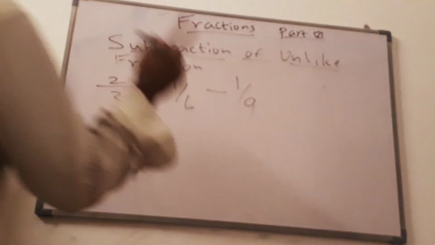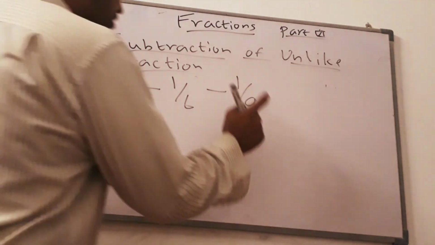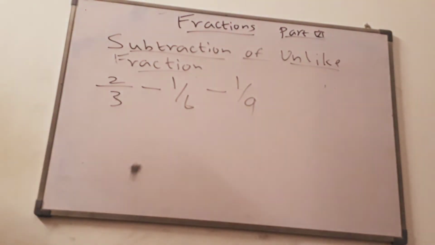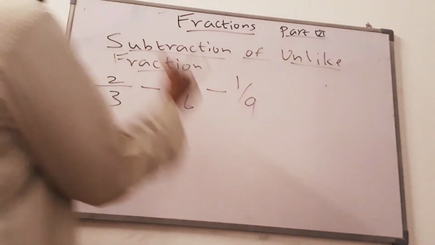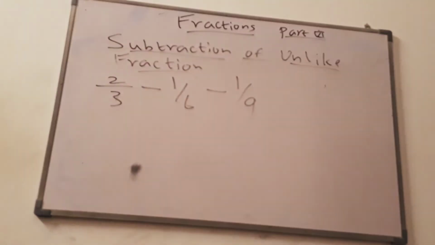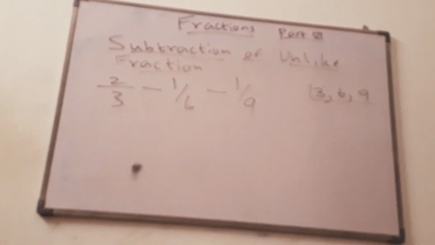We know 6 is a multiple of 3 and 9 is also a multiple of 3. But the problem is 9 is not a multiple of 6. So what we have to do is find the least common denominator of all 3 denominators, because all 3 are unequal to each other.